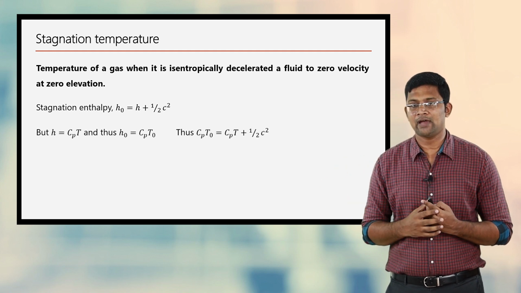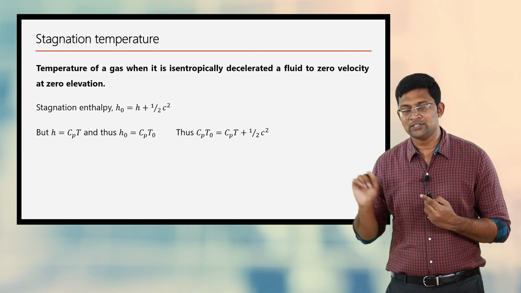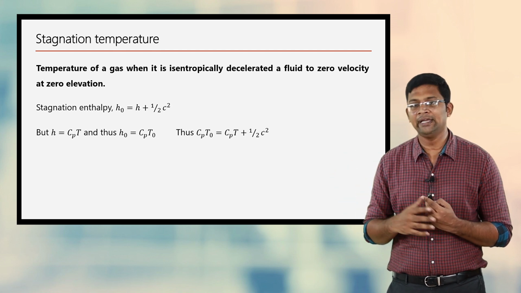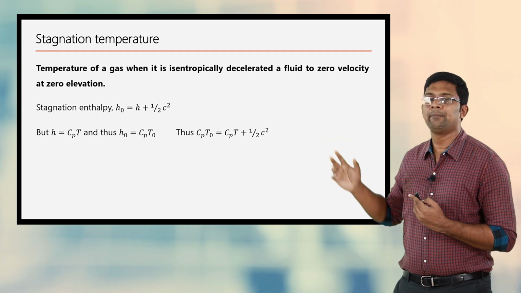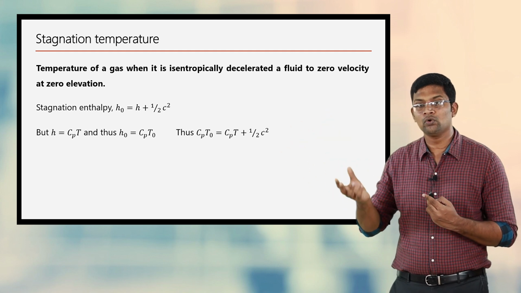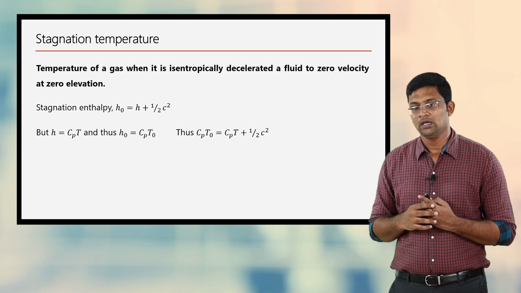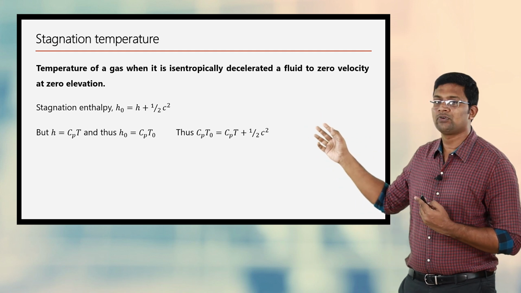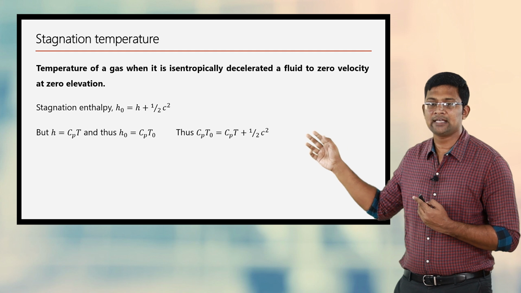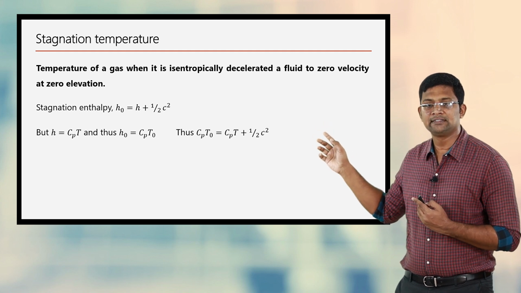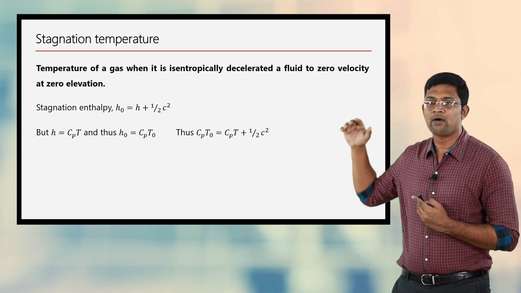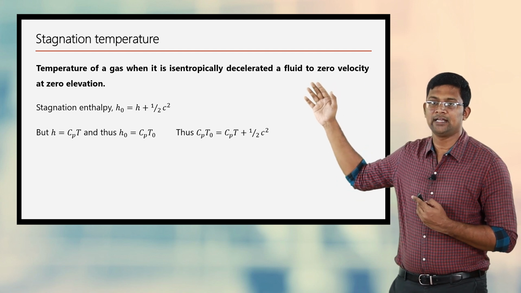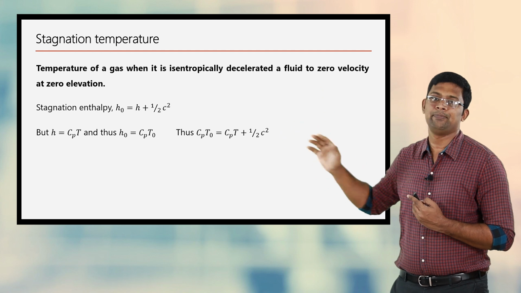In terms of specific values, enthalpy small h is equal to Cp into dT. So from that expression, you can write the stagnation enthalpy h0 is equal to Cp into T0. Therefore, the expression can be rewritten as Cp T0 is equal to Cp T plus half c square. So we have rewritten the expression for stagnation enthalpy in terms of Cp.